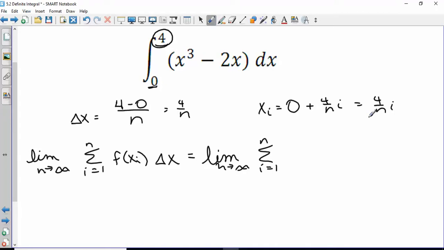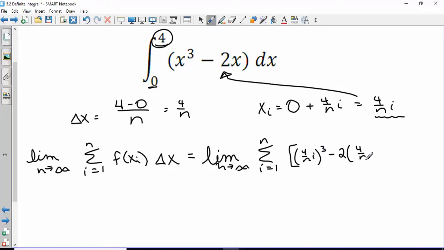f of x sub i is taking this and plugging it in to your equation. Every x gets replaced with the 4 over n i. So we have 4 over n i cubed minus 2 times 4 over n i.